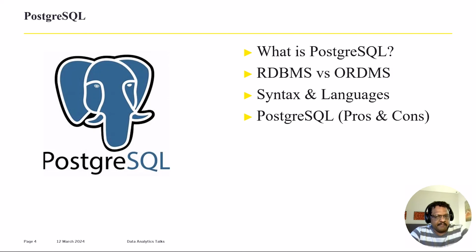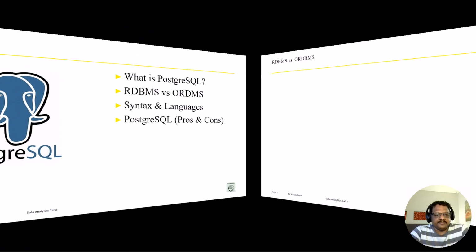To summarize, it is an open source object relational database. It supports simple and advanced SQL features, including triggers and functions, custom data types, and it is able to work on all operating systems because it is open source. So let's continue.